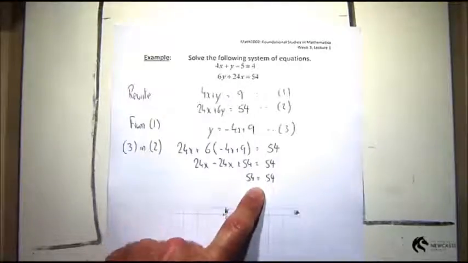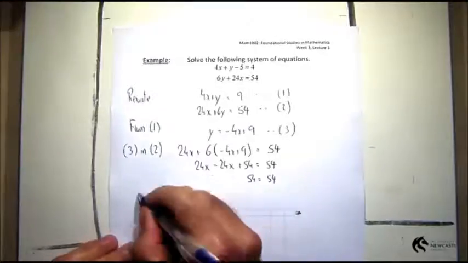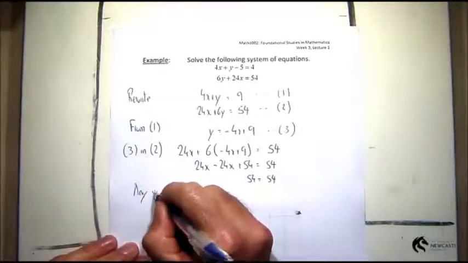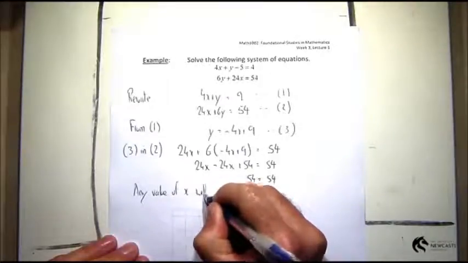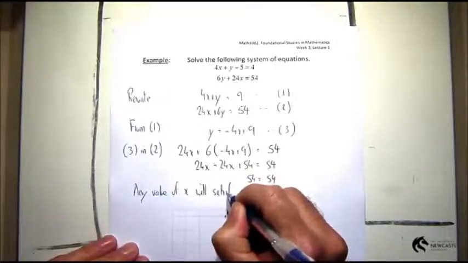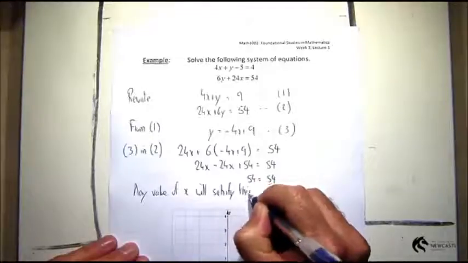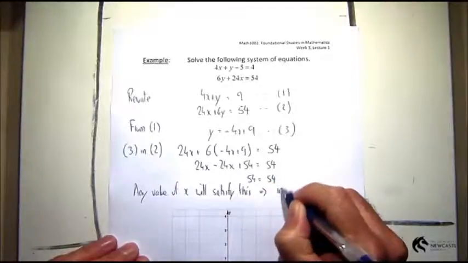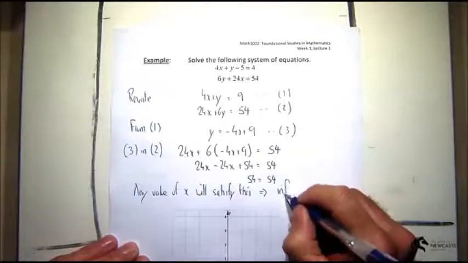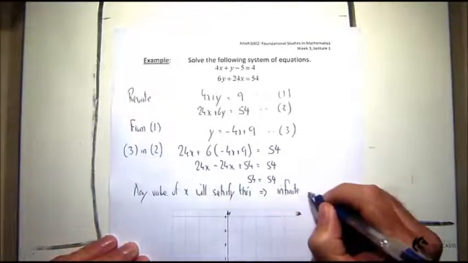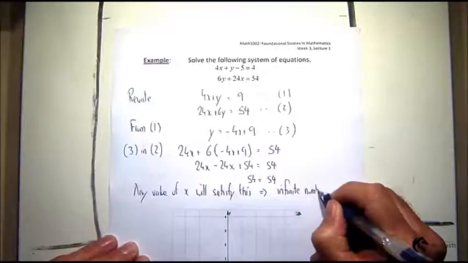Any value of x will satisfy this. That means the lines are the same, that's correct. And so that says an infinite number of solutions.